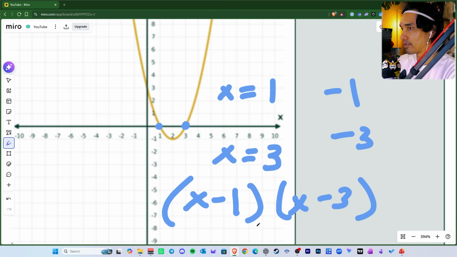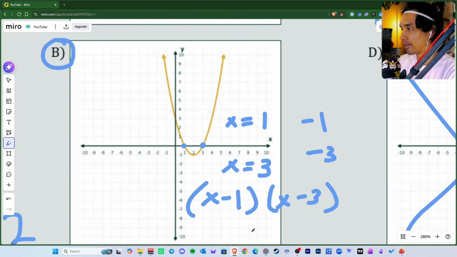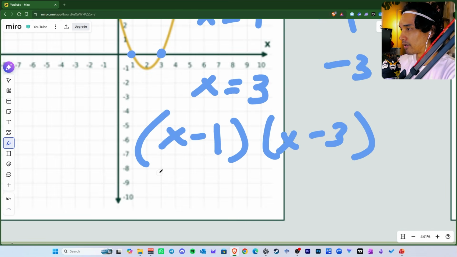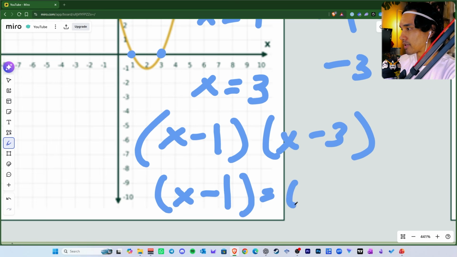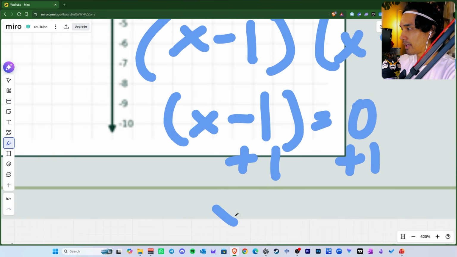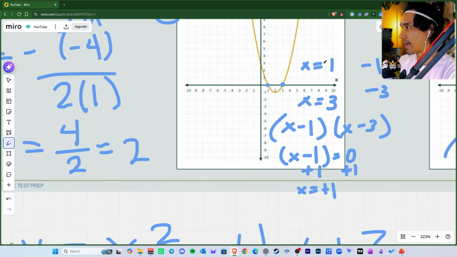And then we get x minus 1 equals 0, giving me x equals positive 1. And that's where I get the 1. Then we do that for the x minus 3, and we'll get positive 3. And that's how you get the x-intercepts, if they're there.